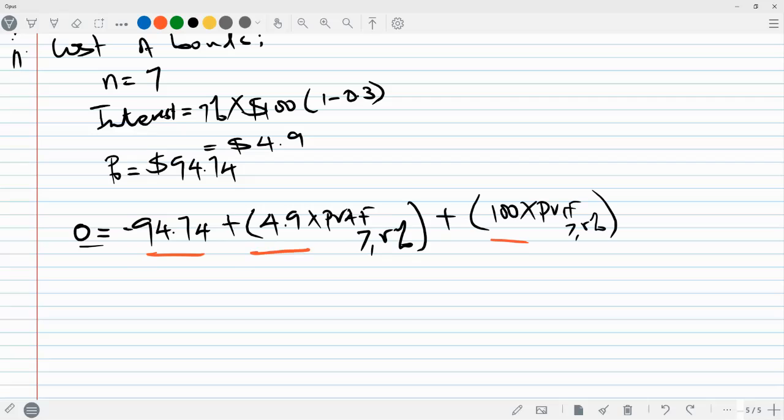But don't forget this is a trial and error method. So what will be 4.9 divided by 94.74?